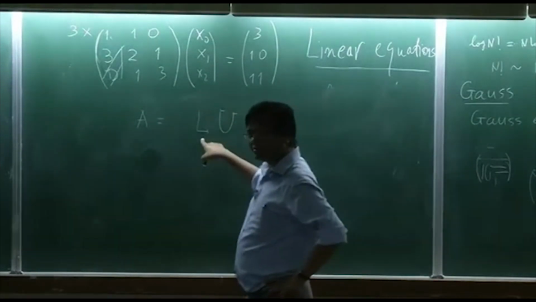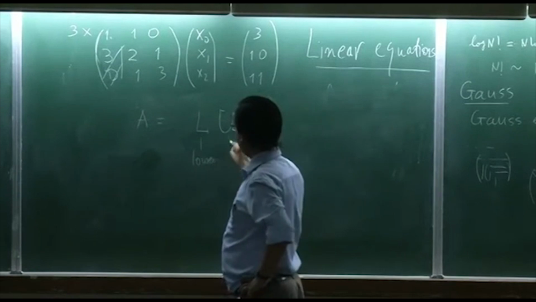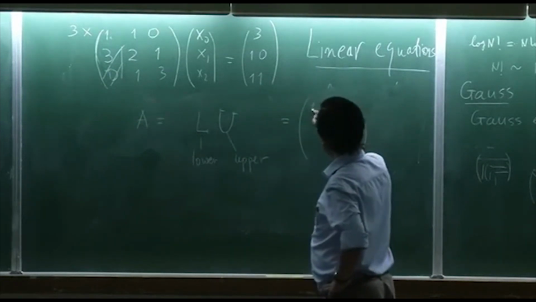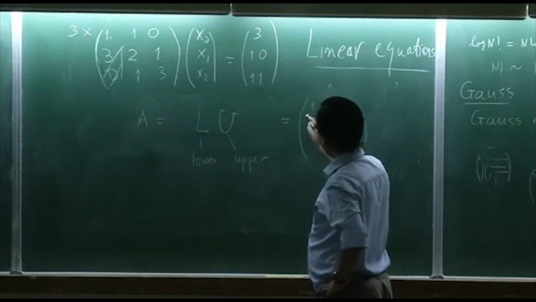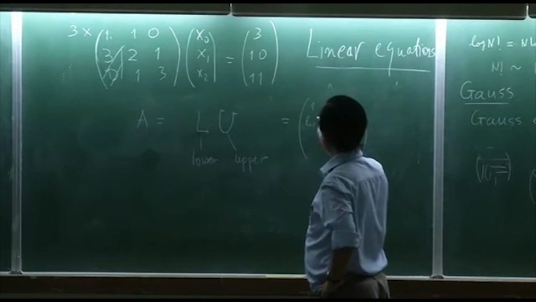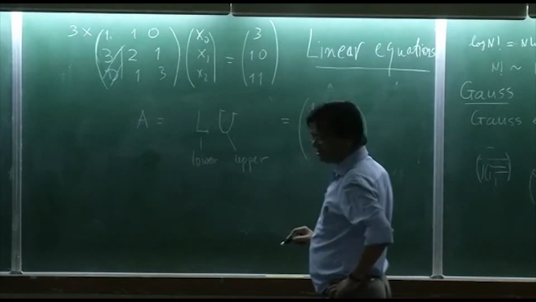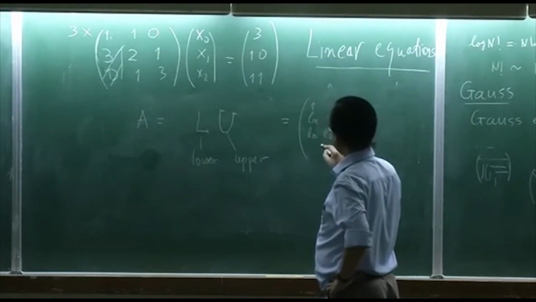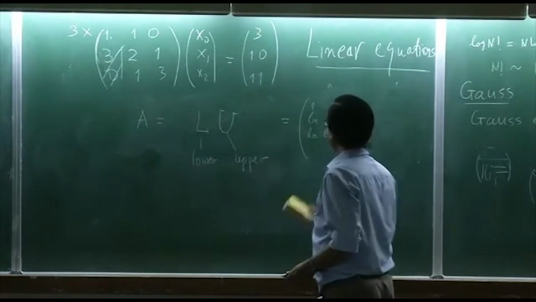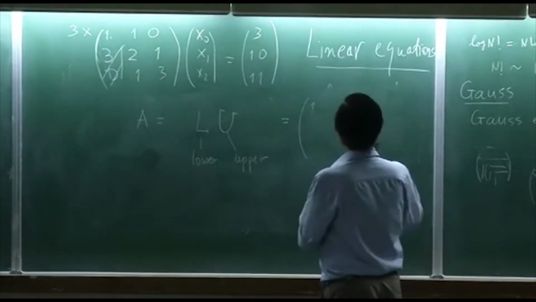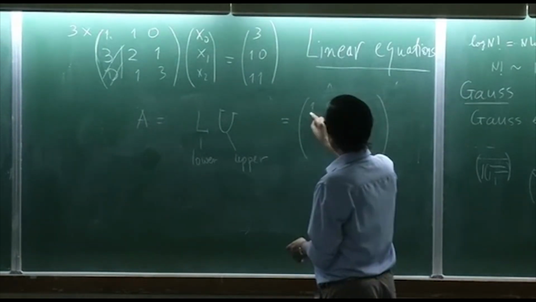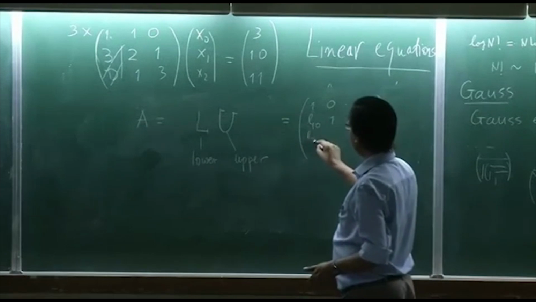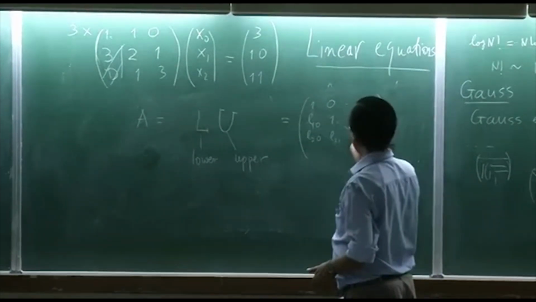L is a lower diagonal matrix, and U is upper. In fact, L has a form where all the diagonals are 1s. The first row has 1 and then zeros, the next will be L20, L21, and L22 will be 1.